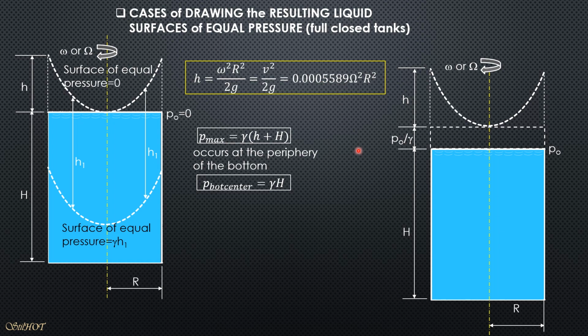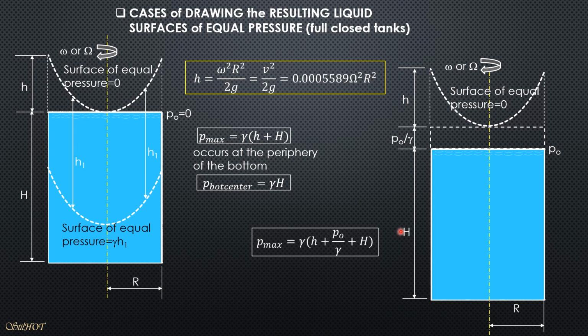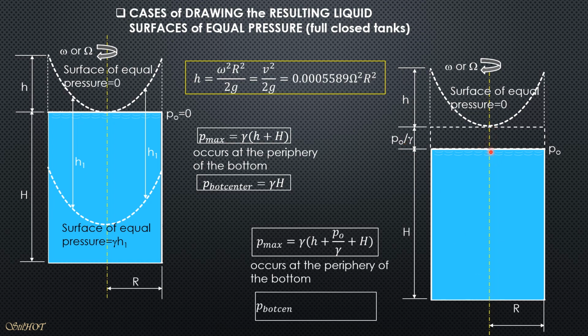We call these surfaces of equal pressure, this time 0 because initially the pressure here is 0. Therefore Pmax occurs at the periphery of the bottom, and it is equal to gamma times quantity h plus PO over gamma plus big H. The pressure at the bottom center is equal to gamma times quantity PO over gamma plus big H only. So that's it for this portion of the slide.